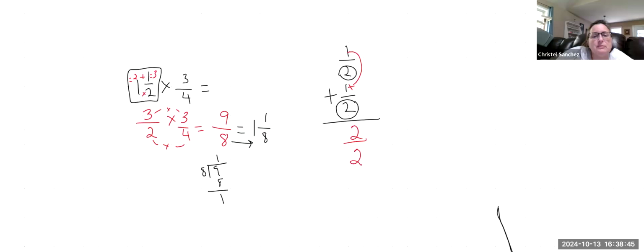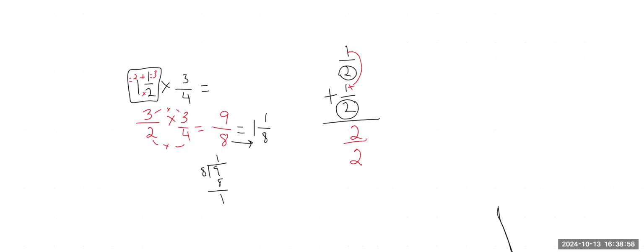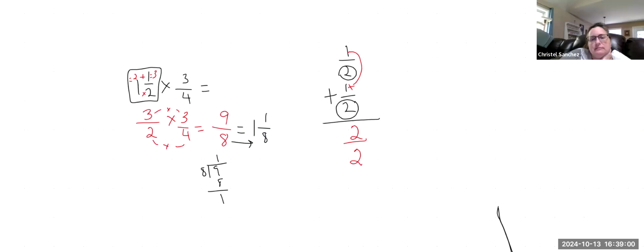I'm adding my top numbers; the denominators that are the same are just brought down. Can I leave this like this? Two twos? No. So what's 2 divided by 2? 1. So my answer would be 1.